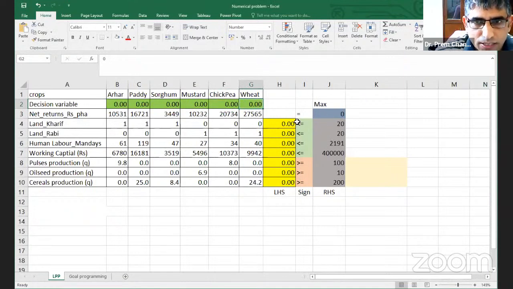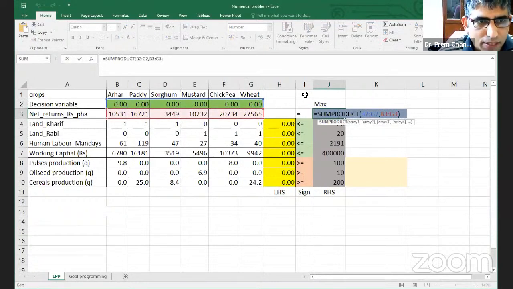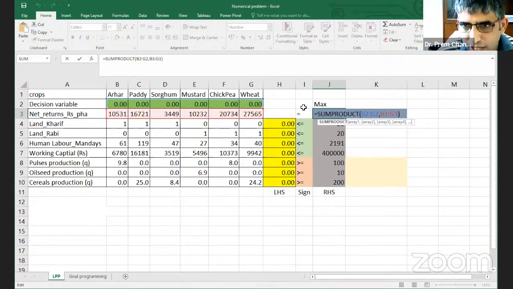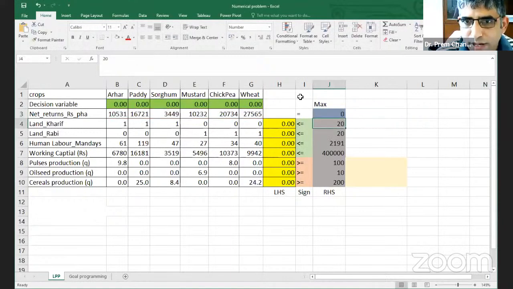Now my constraints are there. I have multiplied the net return with the decision variable, that means area allocated under each crop, so that I get the sum of net return from all crops. I used SUMPRODUCT of decision variables and net return. So this is my objective function.